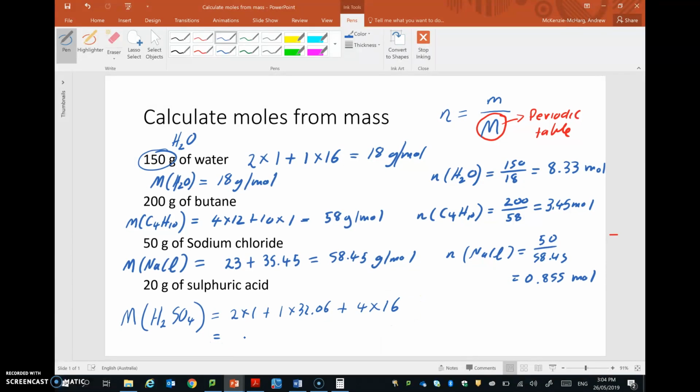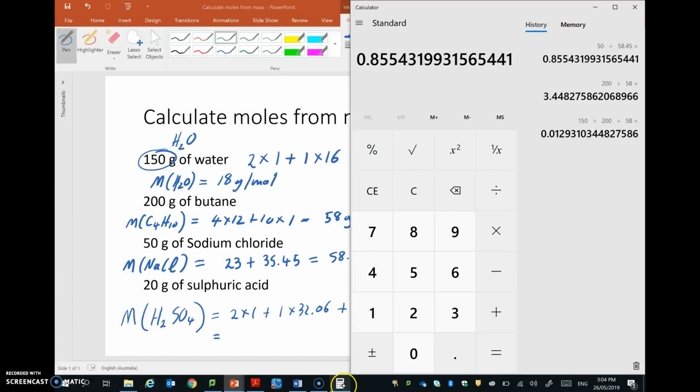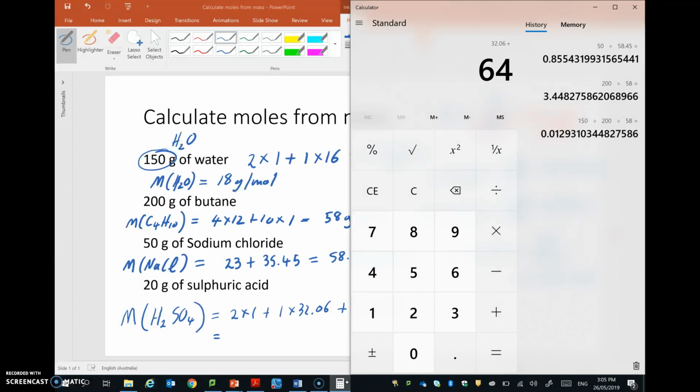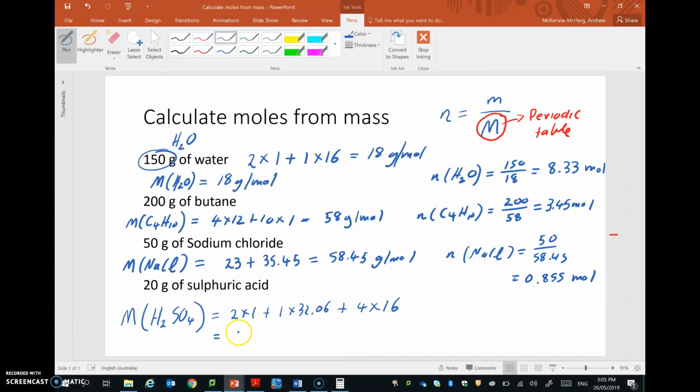So 32.06 plus 4 lots of 16, that's 64. That gives us 96.06 grams per mole.